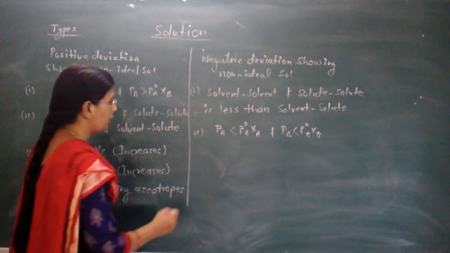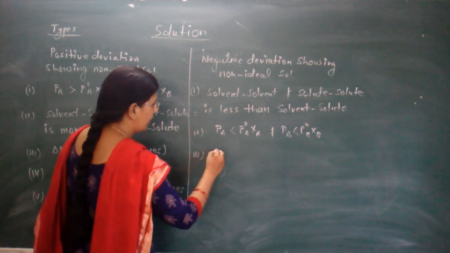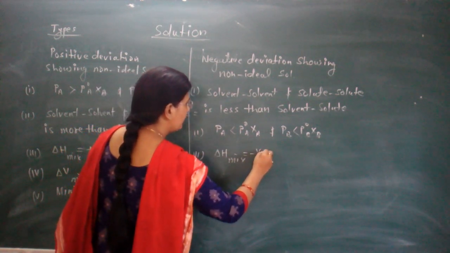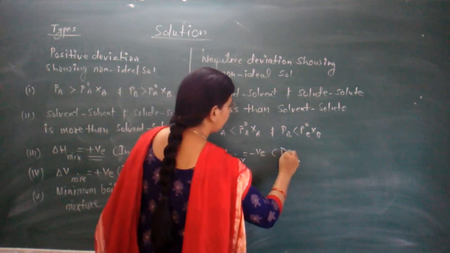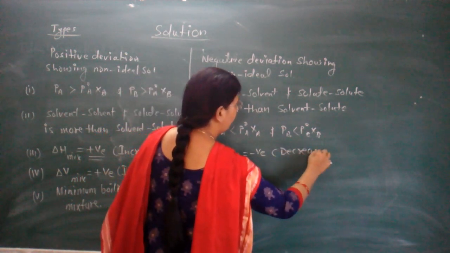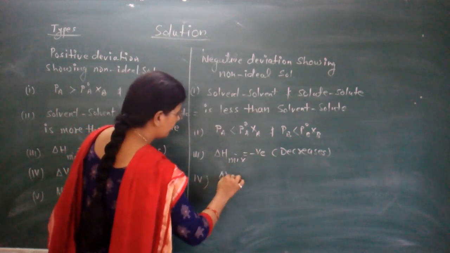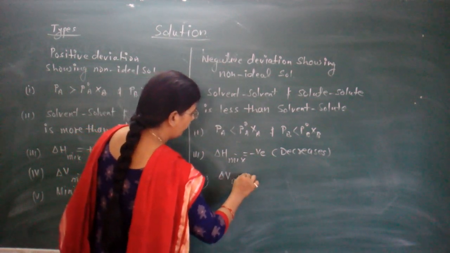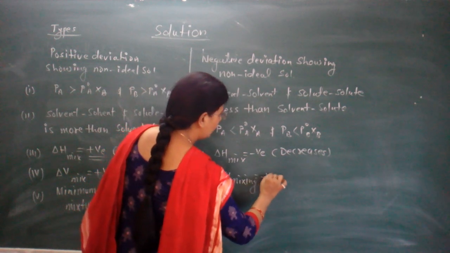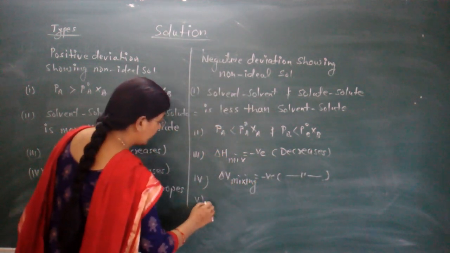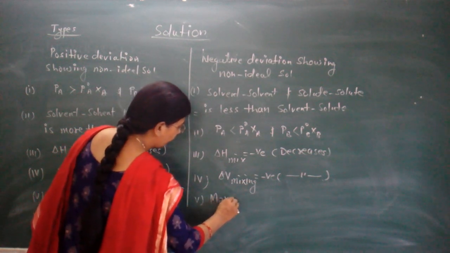Right? And third condition, there is decrease in enthalpy, and volume is also decreases. Same condition, and it forms the maximum boiling azeotropes.